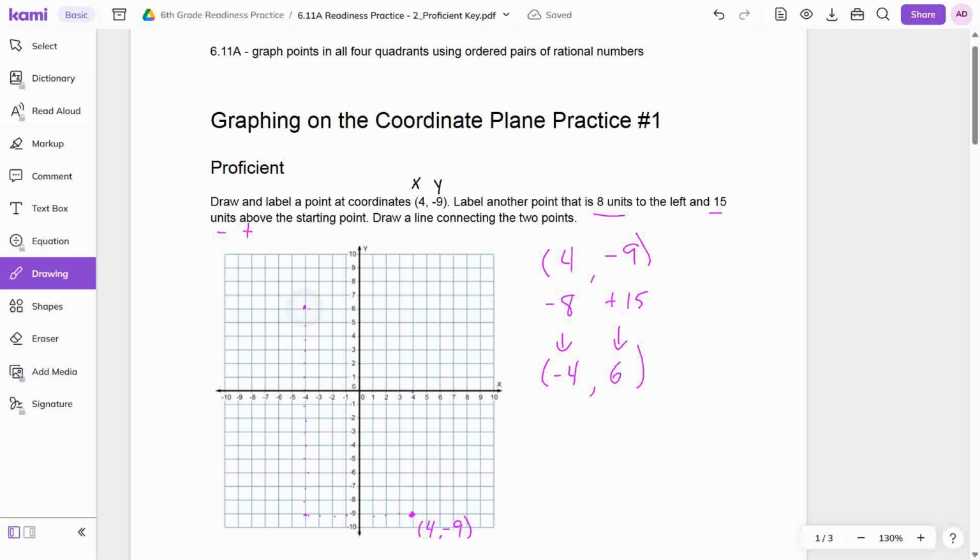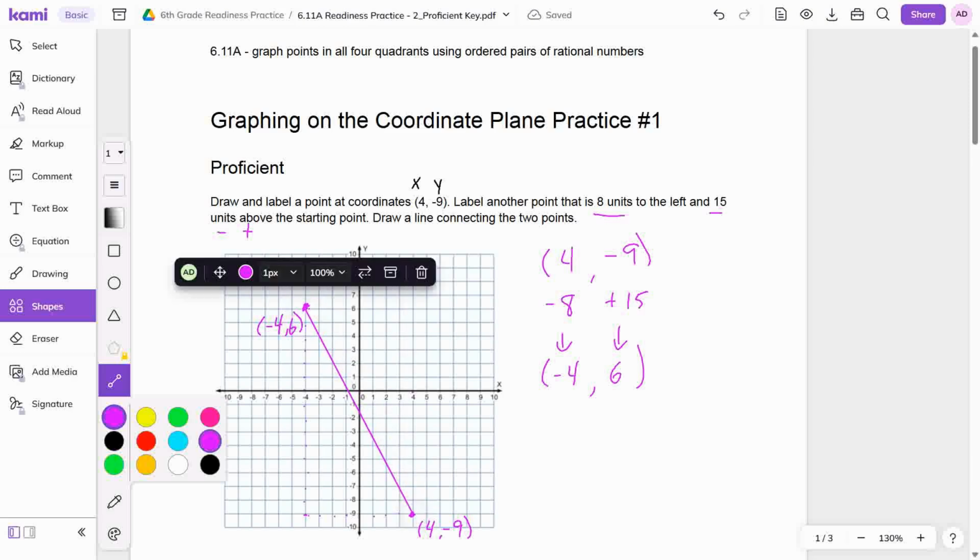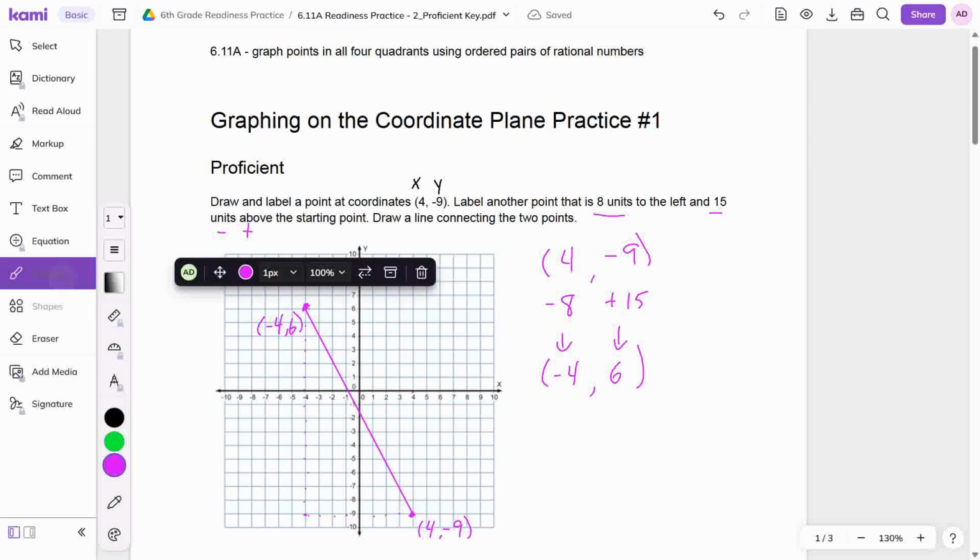So right here is going to be my point, at -4, 6. And then I need a line that connects the two, so let's just draw this one right here. And there we go. So I've got that -4, 6 is my new point, and it connects with my 4, -9.